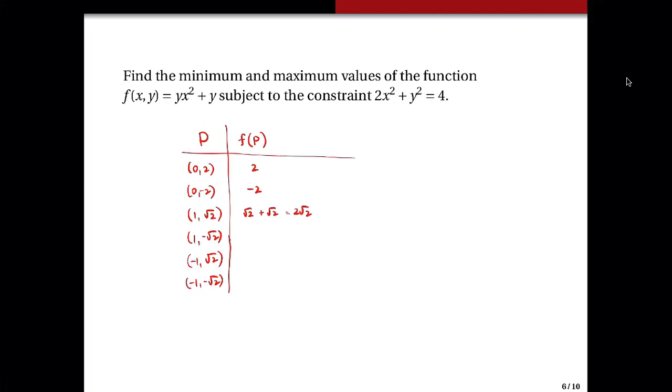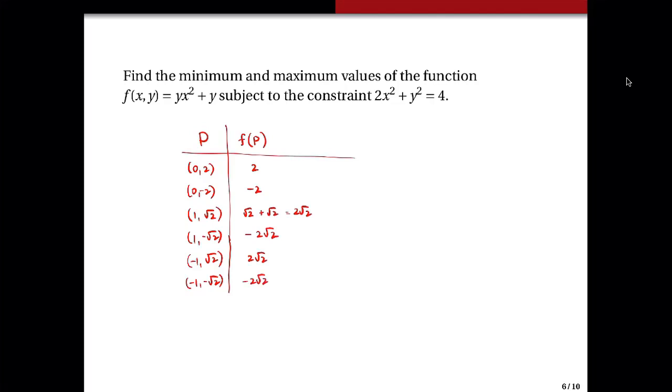And then for the other one, just check, this is negative 2 square root of 2. For the second from the last, this is 2 square root of 2 again. And then finally, we have negative 2 square root of 2.